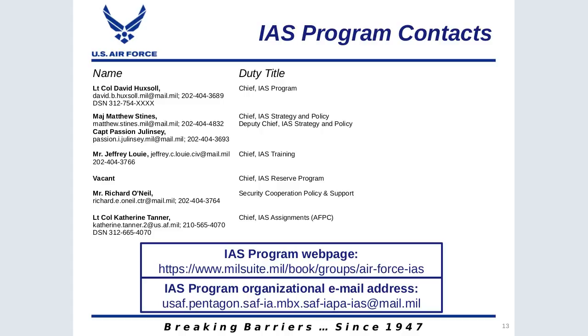However, you can capitalize on your deep language, regional expertise, and cultural skills by way of taking part in the International Health Specialist Program. So if you need a good POC, take a look at this last slide, push an email to our org box, and I'll try to respond with the latest and greatest for a good POC for that program.